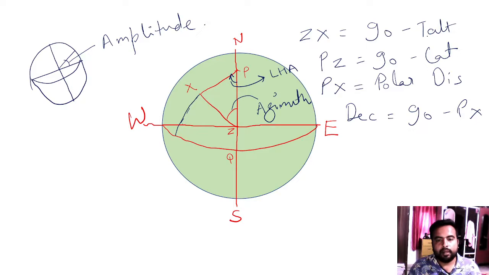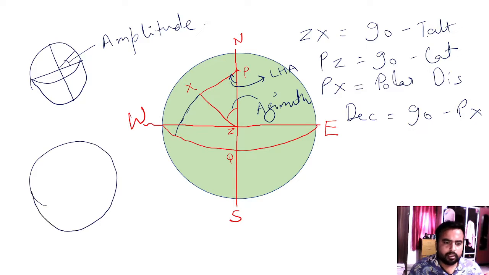For finding the local hour angle, if you are calculating the local hour angle of a star, there is one very easy thing you can compute.